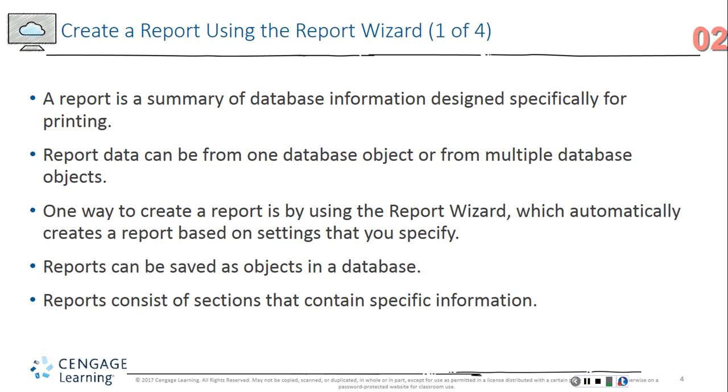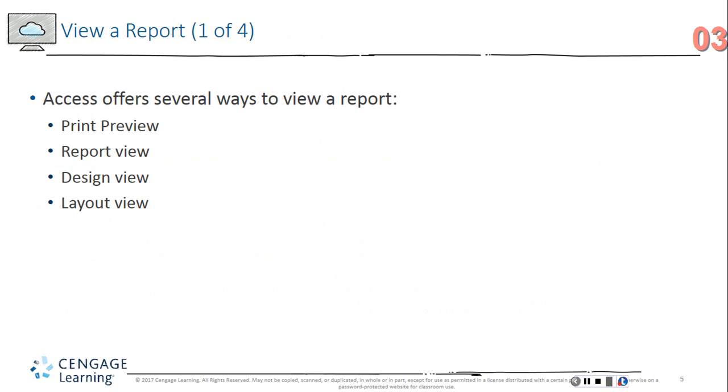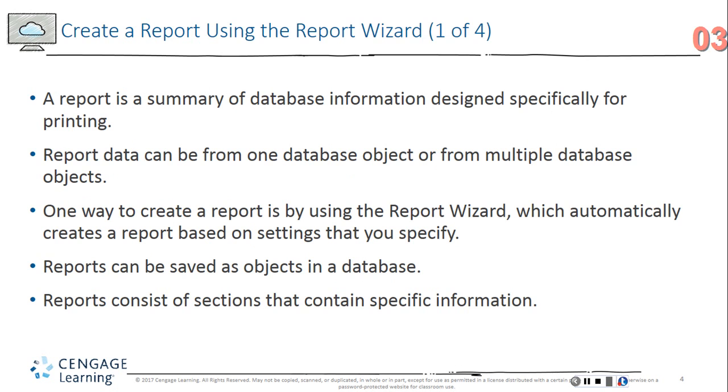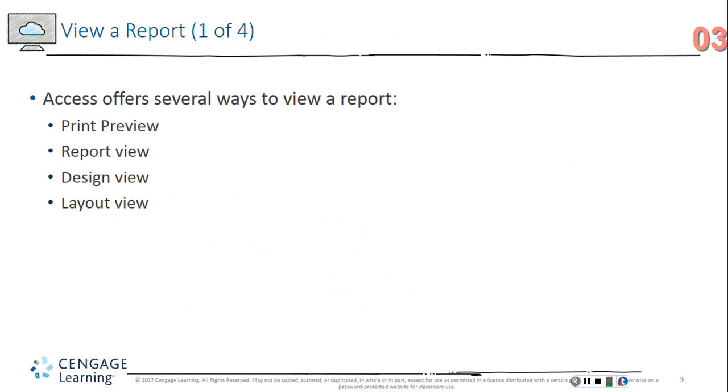And then reports, they consist of sections that contain specific information. What does that mean? We'll get into that a little bit later, that last bullet point. The sections that contain specific information, header, the body of the report, footer, things like that. All right. So when we view a report, Access offers several ways to view a report.